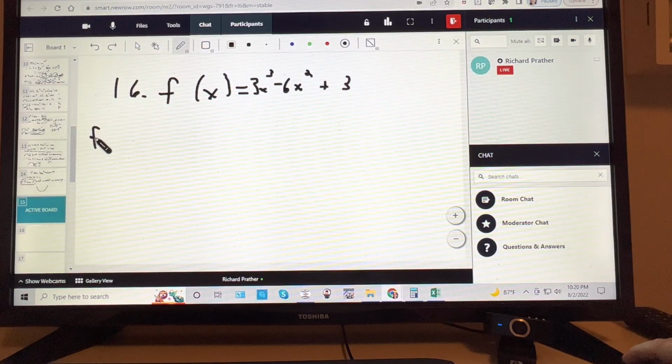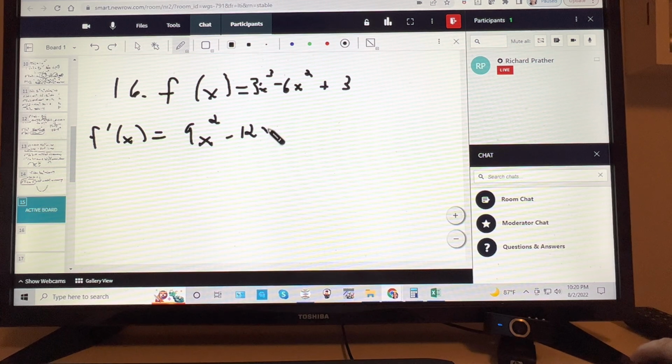So I can do the first derivative easily: 9x squared minus 12x. That's the first derivative. Set this equal to 0. And then I could factor out a 3x, leaving a 3x minus 4.